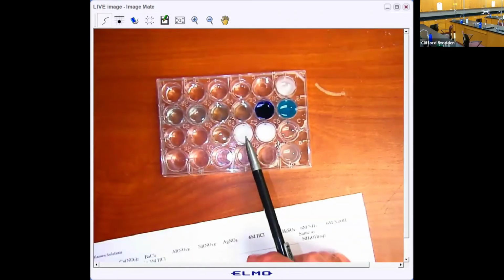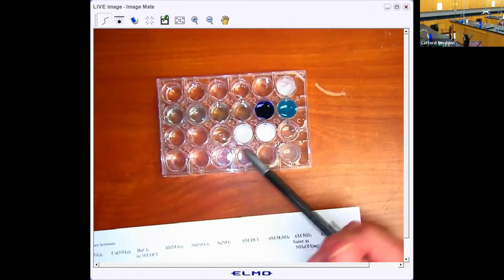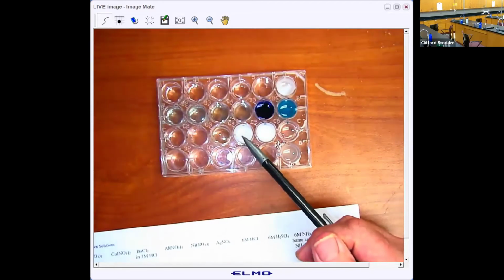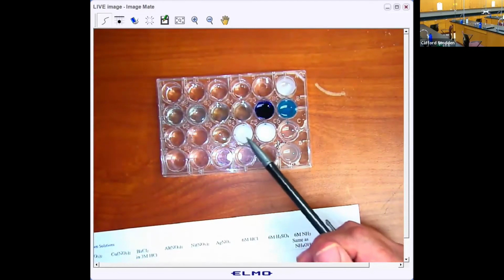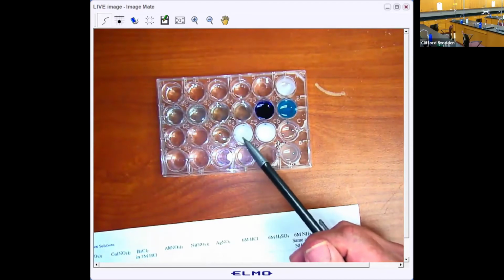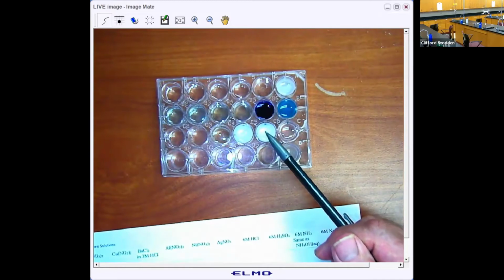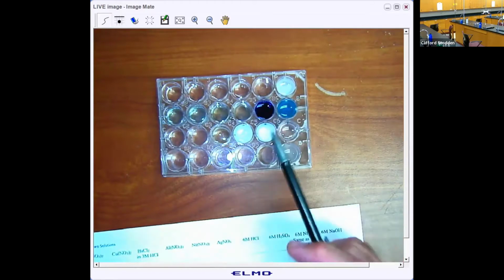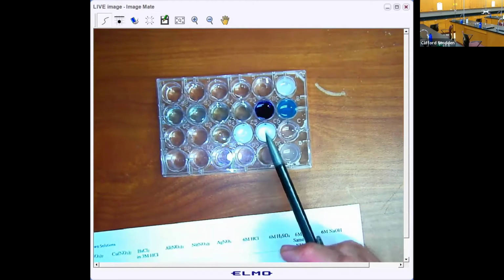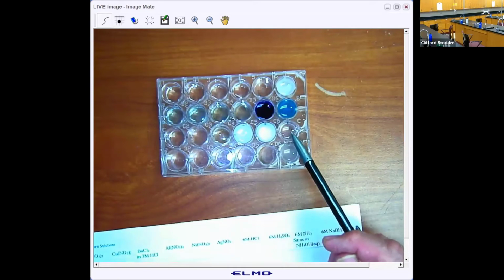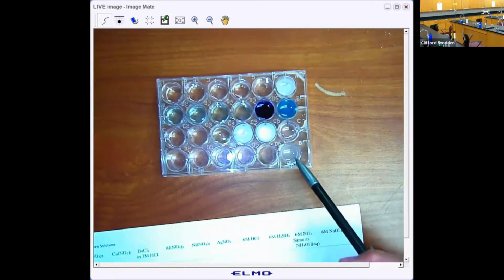Starting with this one right there, we're getting a precipitate. That's the silver with the barium chloride, making silver chloride, a white precipitate. This one is the sulfuric acid with the barium chloride, and that is barium sulfate that you're seeing there with that white precipitate. So this is silver, this is the sulfuric acid, this one is ammonia, and this one is sodium hydroxide.